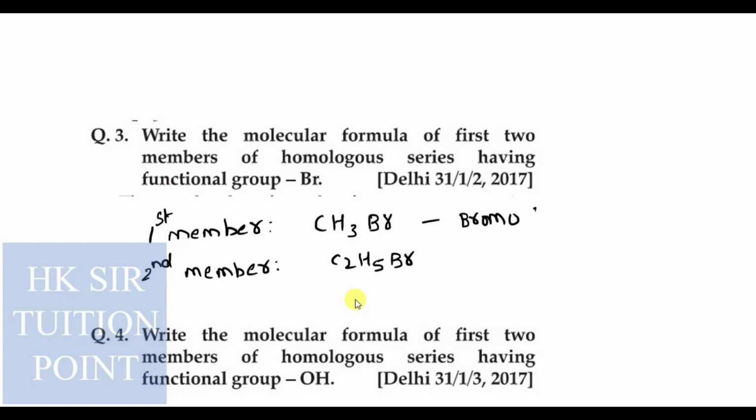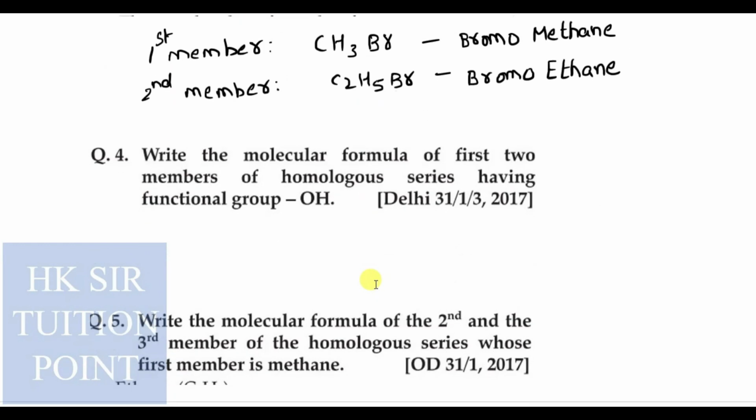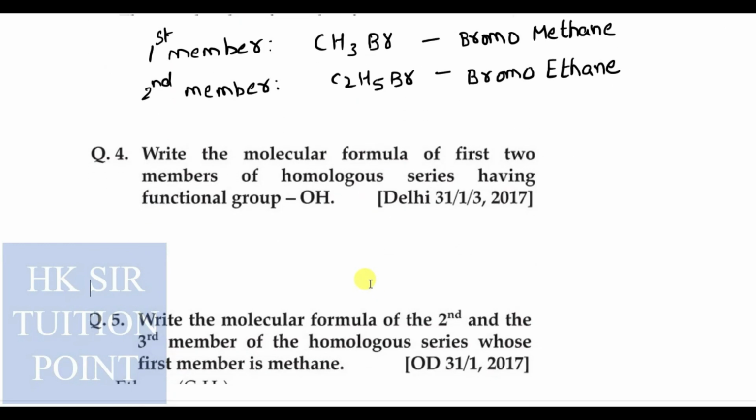One carbon, meth, single bond, methane. Here also bromo. Two carbons, eth, single bond, ethane. Because this question and the previous question are almost the same, with just a slight variation in the functional group only, that is why I am not giving importance to that particular question.